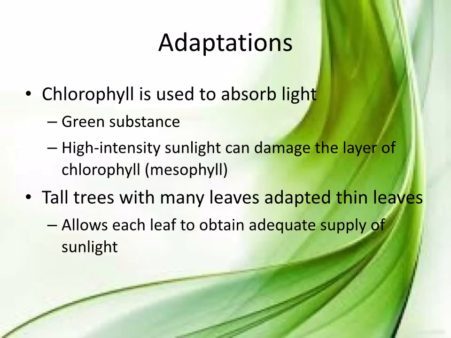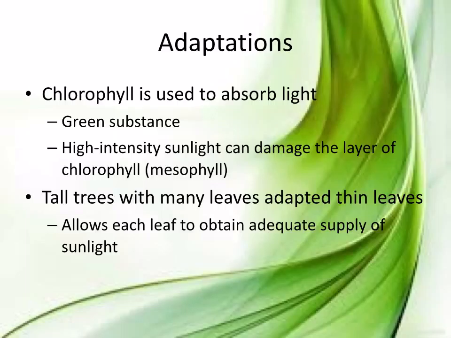Just like any other organism, plants have had to adapt to meet the metabolic needs and to meet the resources available in their environment. They adapted by using chlorophyll to absorb the light, and we've heard of this in our introductory biology classes. It's a green substance.